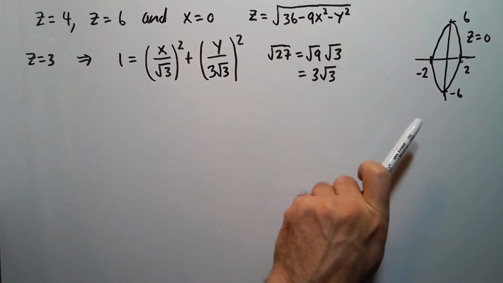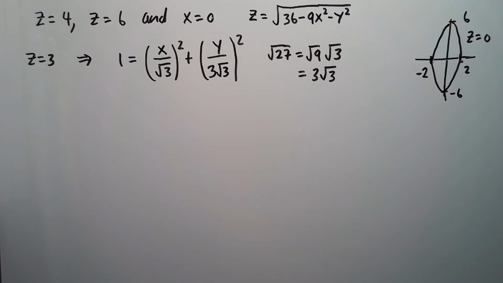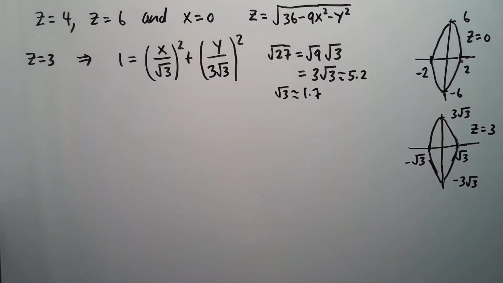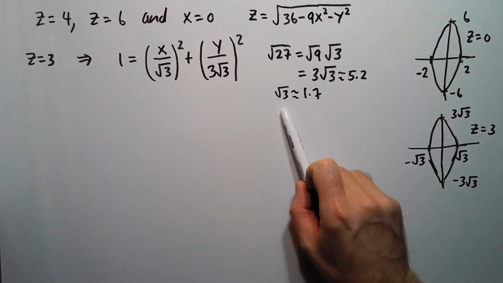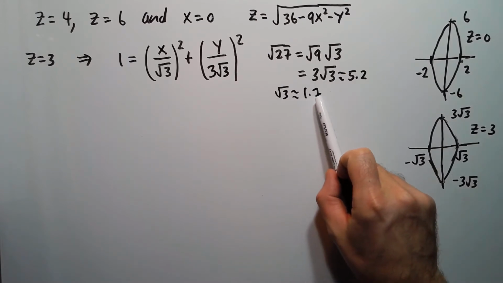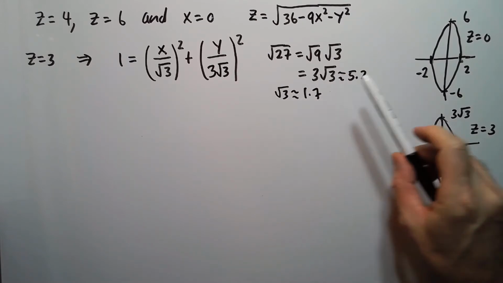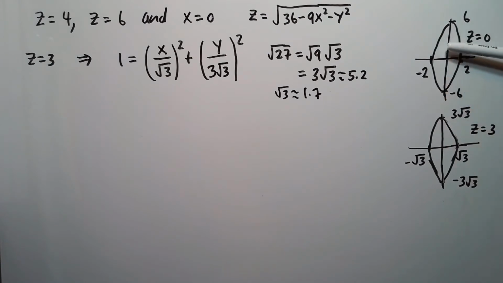So let me graph it over here. The square root of 3 is roughly 1.7, and 3 square root of 3 is roughly 5.2. So it's going to be similar to the one up here, except a bit smaller.